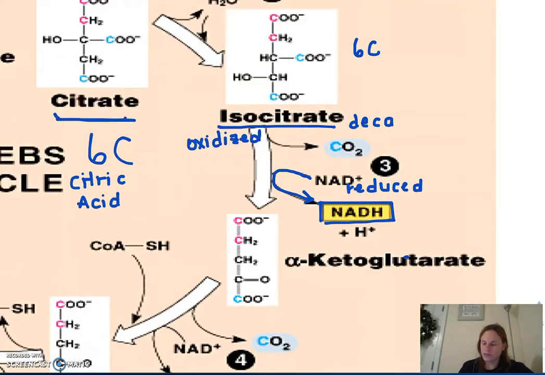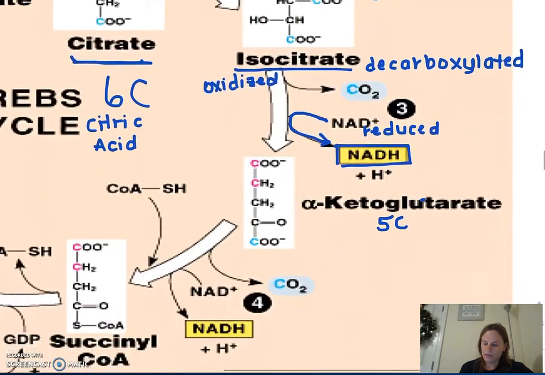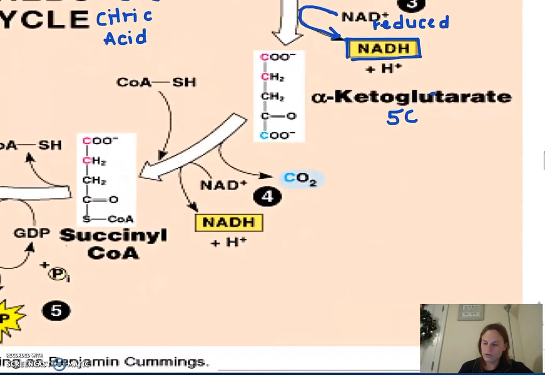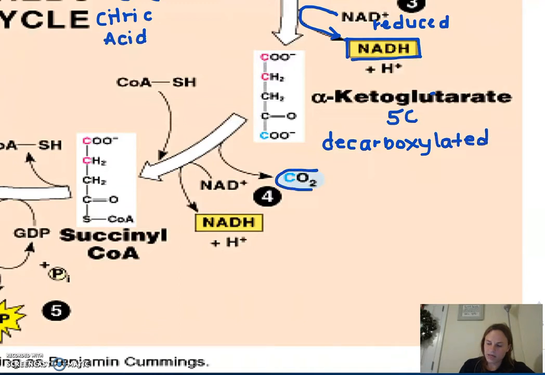Isocitrate is also going to get decarboxylated, and that enables us to get our next compound, a 5-carbon compound. This 5-carbon compound is also going to get decarboxylated, losing a carbon and giving us our second carbon dioxide.